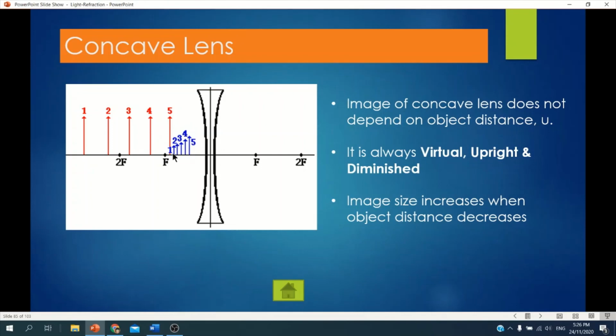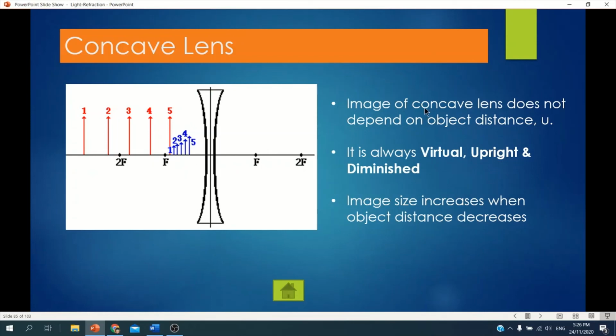They are still virtual, still upright, and still diminished, still smaller than the object. Only difference is the nearer the object is to the lens, the size of the image slightly increases. It's slightly increased, but it is still smaller than the object. It's still diminished, but the size increases.